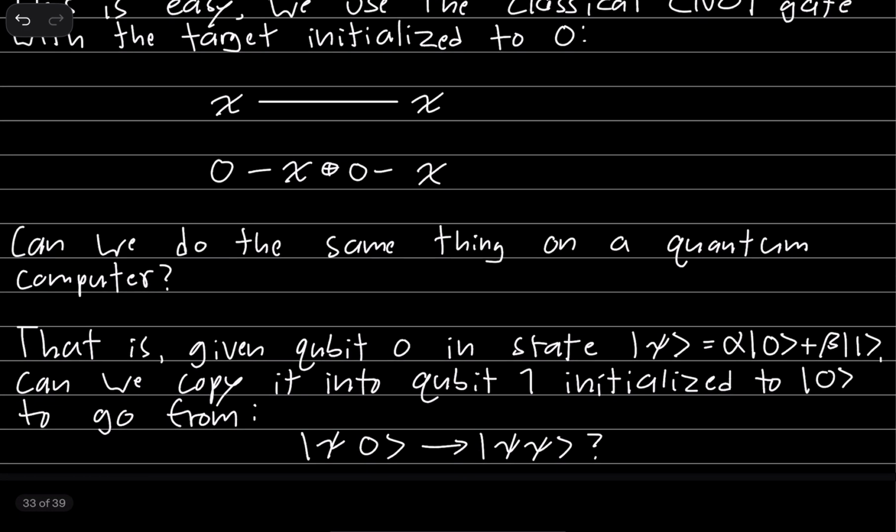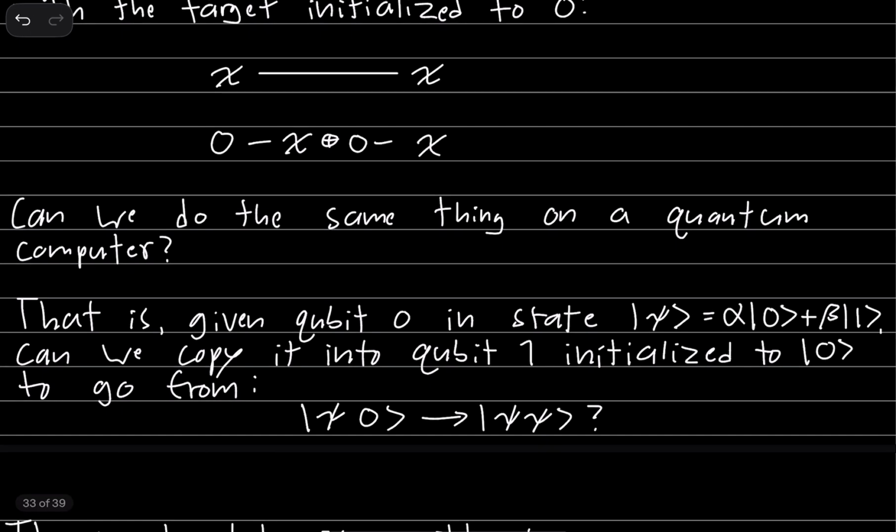So can we do the same thing on a quantum computer? Given qubit 0, meaning the top wire in the circuit diagram, not that the qubit is in state 0, but qubit 0 being the 0th qubit of the quantum computer, let's say it's in superposition.